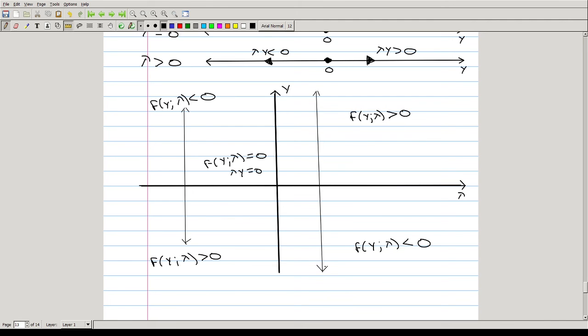So if lambda is negative, then f of y lambda is positive in this region, or f of y lambda is negative. So on the phase line diagram, you're going to have that solutions travel in this direction.